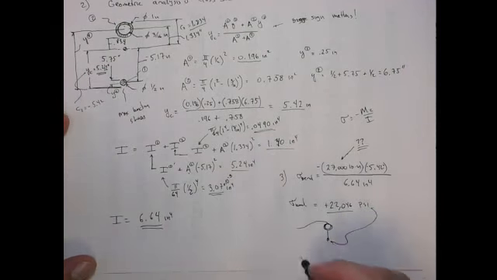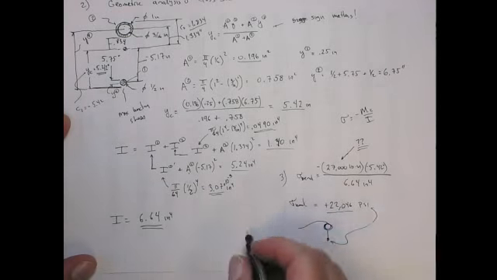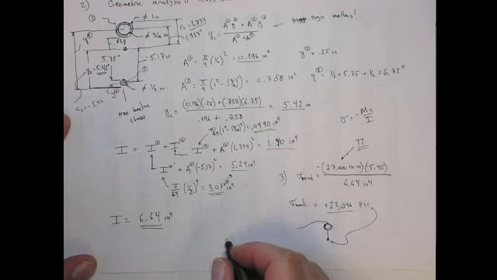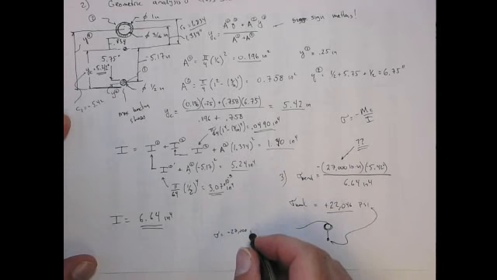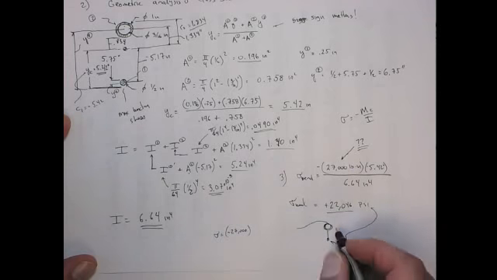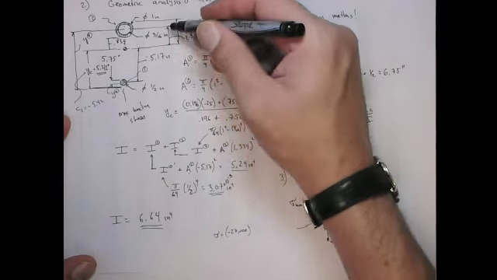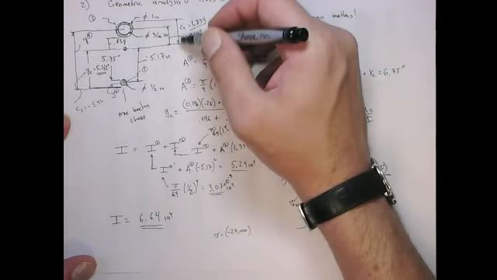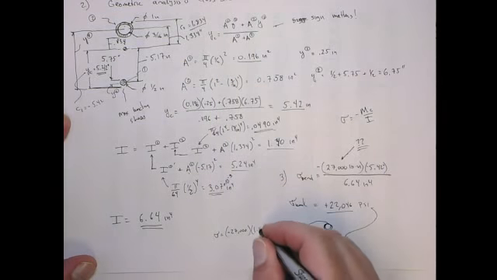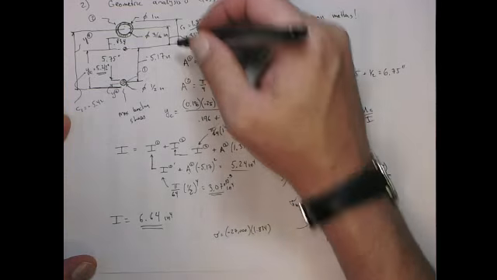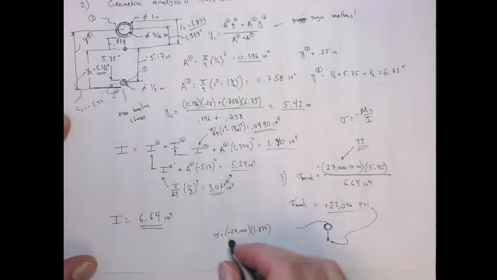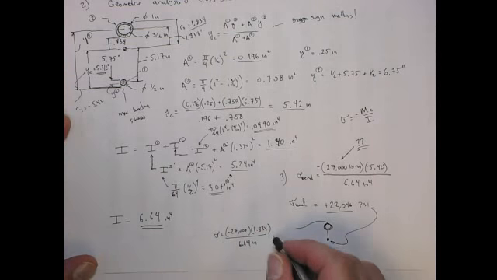At this point, it's not asking this, but we'll just figure it out. The stress at this point would be minus 2,700 times its C, which is a positive 1.834 inches, the distance from the neutral axis to the outer fiber there, over I, which is still 6.64 inches to the fourth.